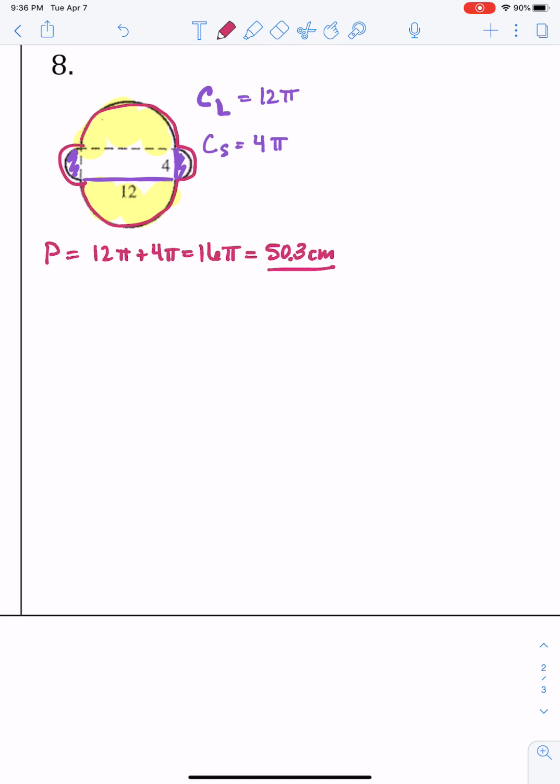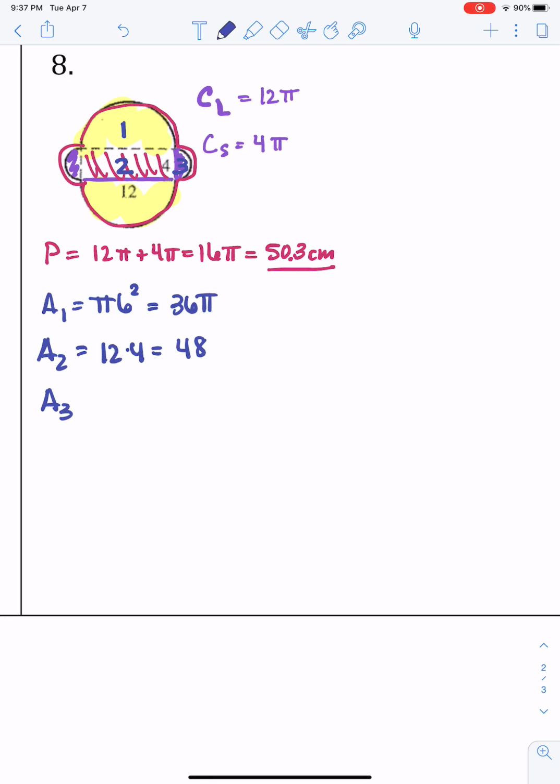Now the area, I have to include this rectangle now. So now my area is 3 shapes. 1, 2, 3. So area 1 equals pi 6 squared, which is 36 pi. Area 2, which is the rectangle, is 12 times 4, which is 48.